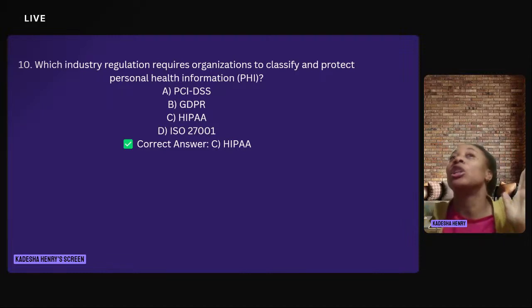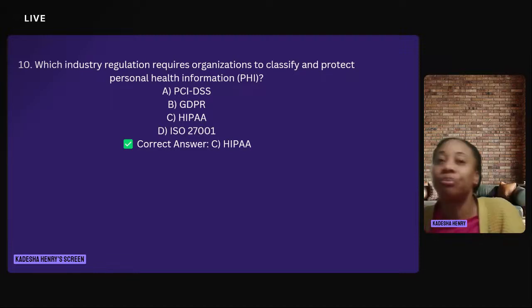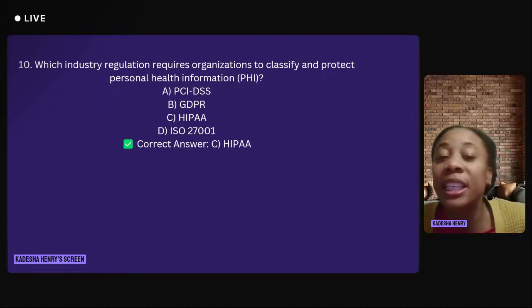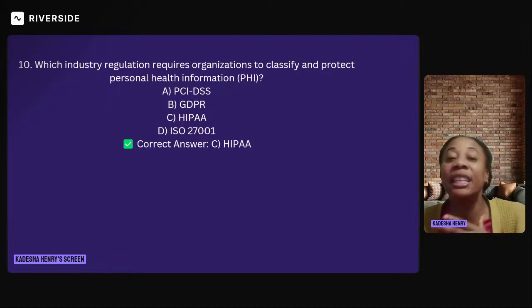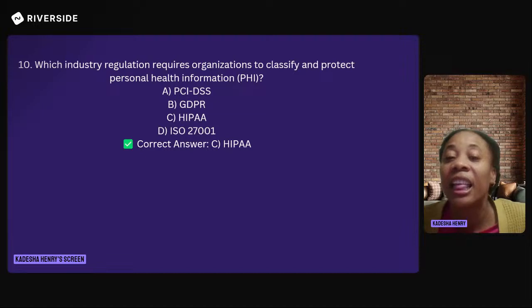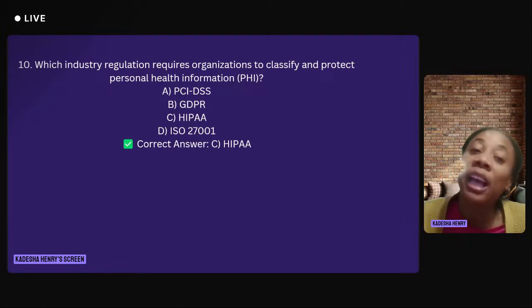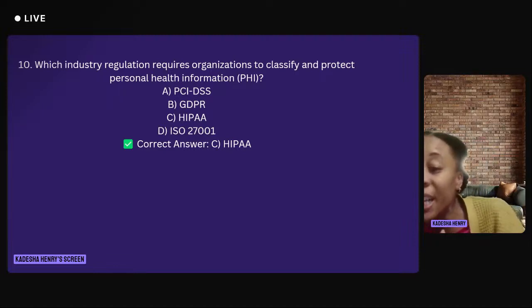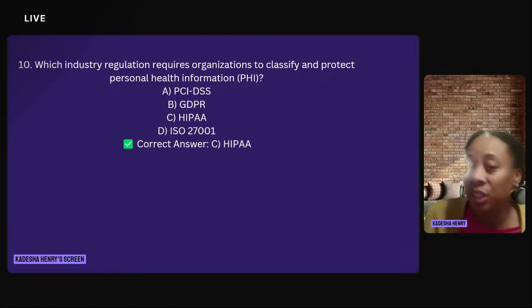If card companies and those who use cards are not following PCI DSS, then they can get penalized. They can be fined for not following the regulations of those industries, right?